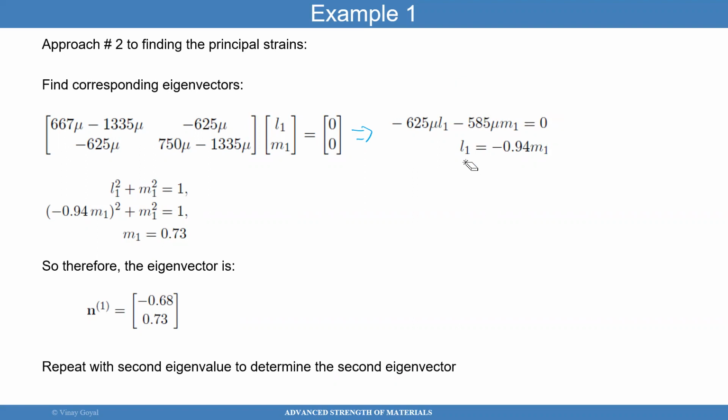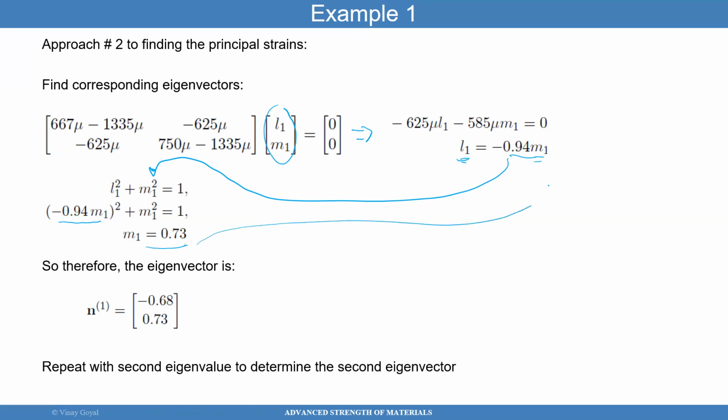I'll select the first one, but if you select the second one, you get the same answer. I solve for L1 as a function of M1, but I know it's a unit vector, so I plug this into the fact that L1 squared plus M1 squared is 1. I know L1 as a function of M1, 0.94. I plug it in there, and I solve for M1. So, because I know M1, I can plug it back in here to get L1, and the eigenvector I get is this one.